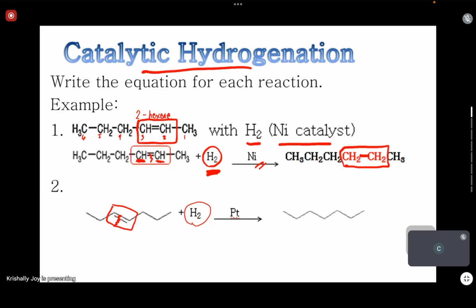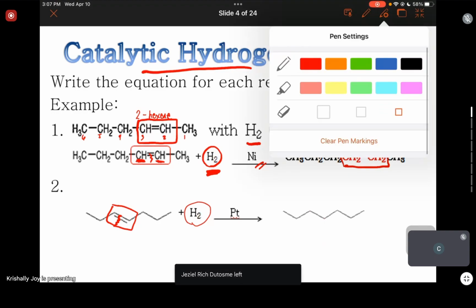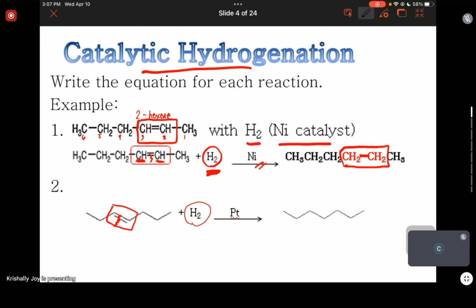Di ba? Kasi we don't need to write na nag-add tayo dito ng hydrogen, nag-add din tayo dito ng hydrogen. Kasi skeletal naman. Sabi natin kapag skeletal formula, imaginary ang mga hydrogen. So you don't need to write the added hydrogen electrophile.